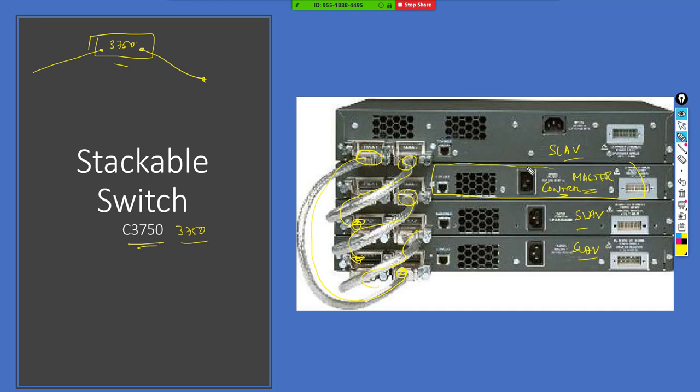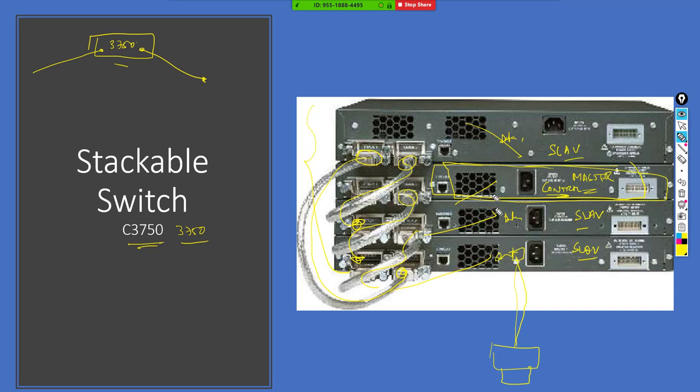So this master acts as your control plane, and the rest are all your data planes. Now something comes to these data planes. This is going to take the decision how or where to switch the traffic. Okay, and let's say there is a user over here, and the user is connected to one of the switchports.